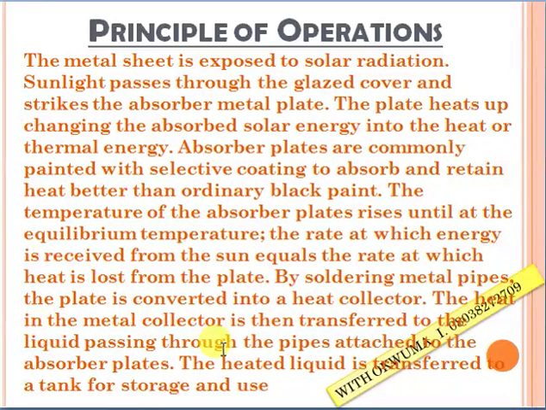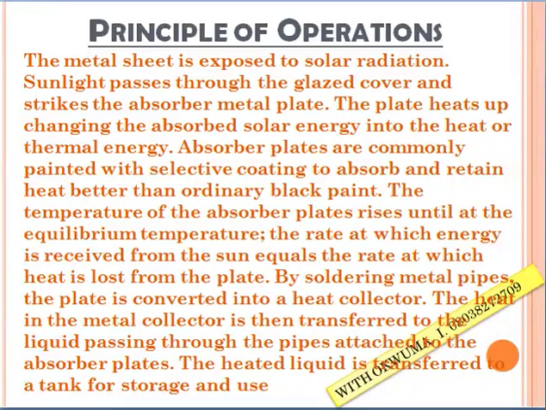So the heat from the metal collector, from that absorber plate, will now be transferred to the liquid inside the pipe. Remember, the pipe is attached to the metal plates. The heated liquid is transferred to a tank for storage and use.